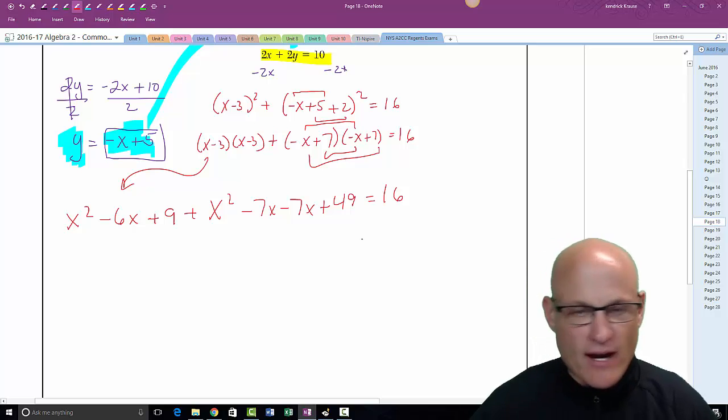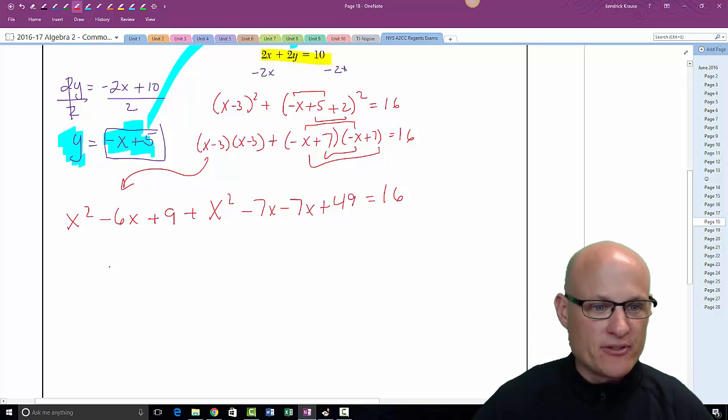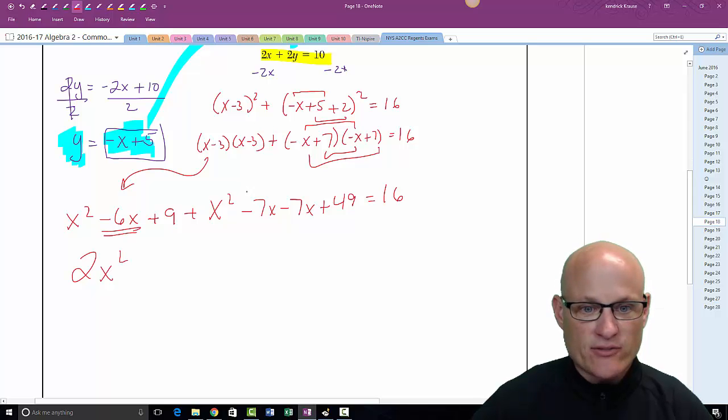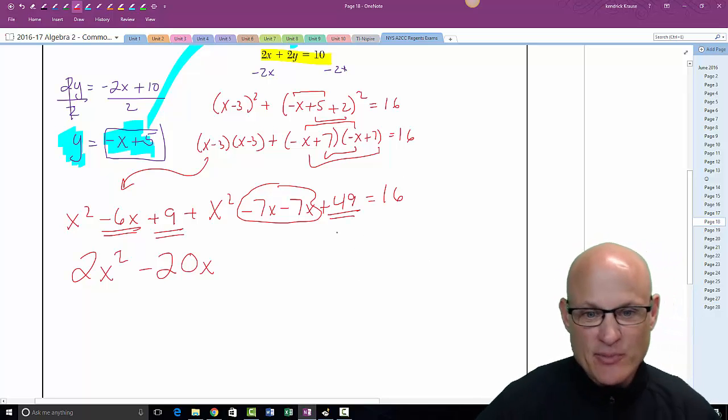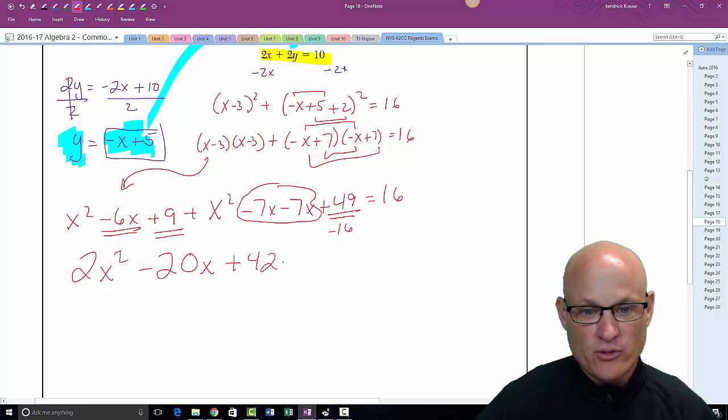Well, this is just a quadratic, so everything's got to come to the left. So I get 2x squared minus 6x, and this is minus 14x, so that's minus 20x. 9 and 49 make 58, but I got to subtract 16, so that's plus 42 equals 0.